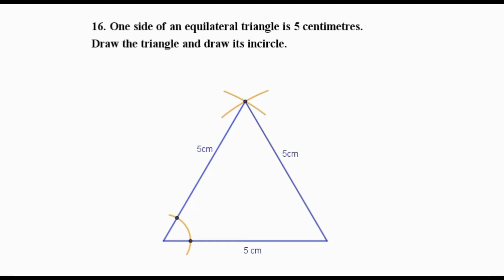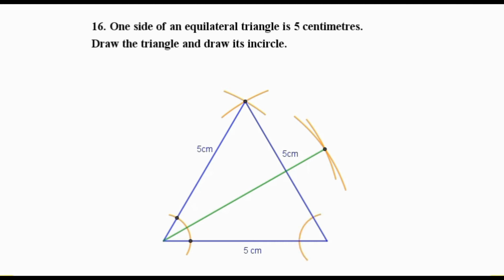Put the compass at one of these points and draw an arc. Now put the compass on the other end, draw another arc. Mark the point of intersection, join that to this vertex to get the bisector of this angle.